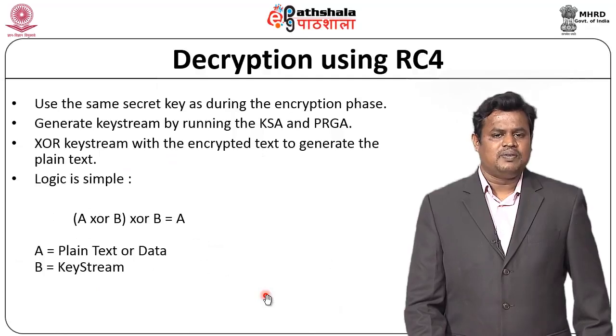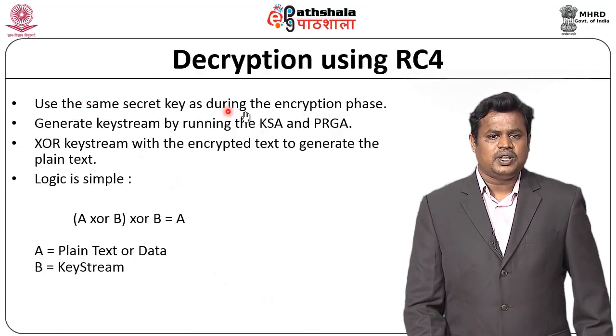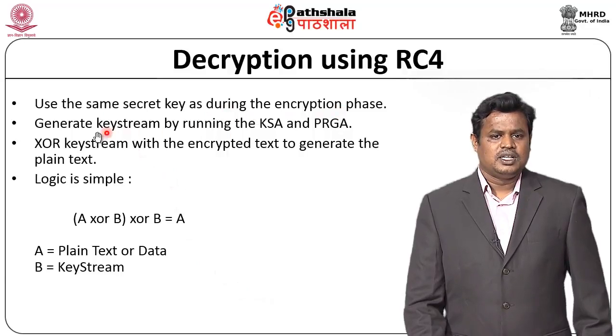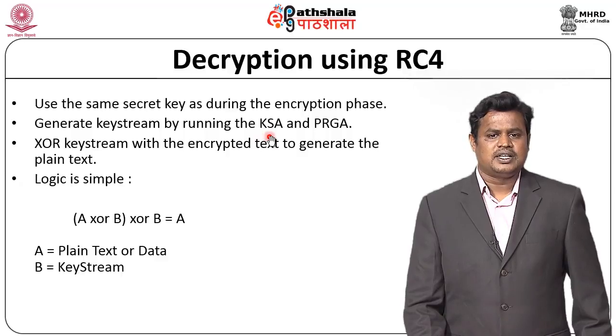Decryption is very simple compared to encryption. Use the same secret key as during the encryption process. The key is generated by running the same components, that is KSA, the key scheduling algorithm, and the pseudo random generator algorithm. They use the XOR operation.